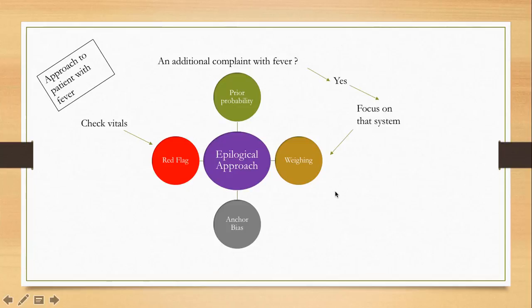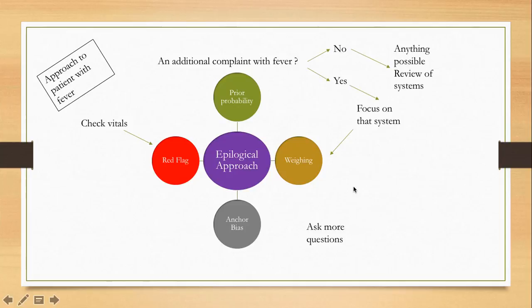But if you don't have any focal symptom, then basically it's a free for all. So you just need to ask questions from every single part of the body, and hopefully you will get some positive answers, and that's how you narrow your differentials.